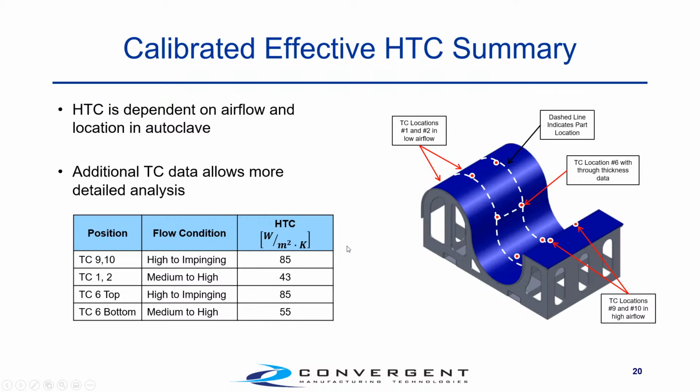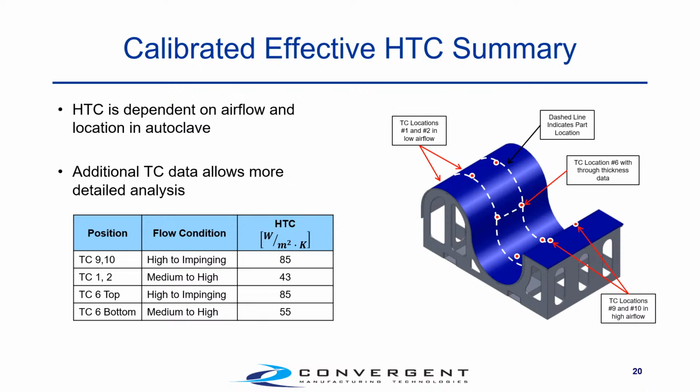At position 6, we had additional TCs, and this allowed for a more detailed analysis and calibration of those effective HTC values. In summary, we built up a table of values, and this can be very powerful and important for bounding your problem, because now we have a range for this quite large part that we would want to check in terms of compliance to a specification.